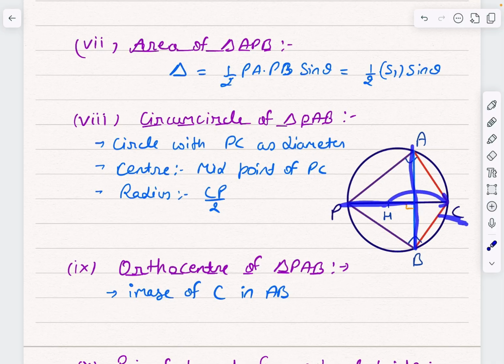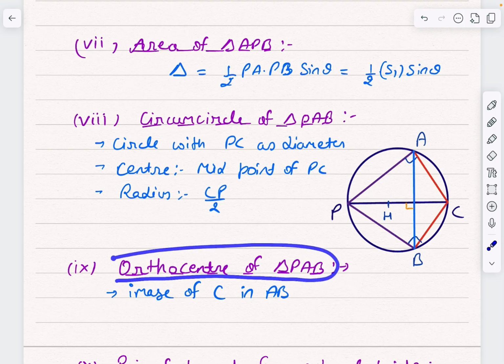Because the only point which lies on the circumcircle on this side will be C only. That means the orthocenter and C are mirror images of each other in line AB. So if C is the mirror image of H, H will also be the mirror image of C, no? So the orthocenter of triangle PAB will be the image of C in line AB. Important point, guys.